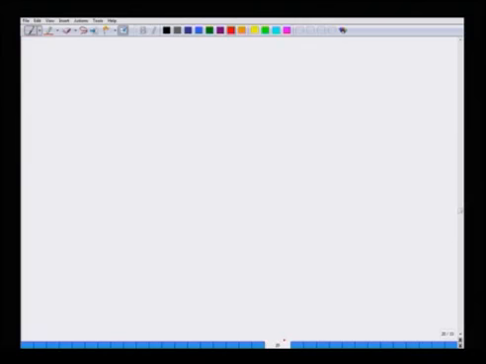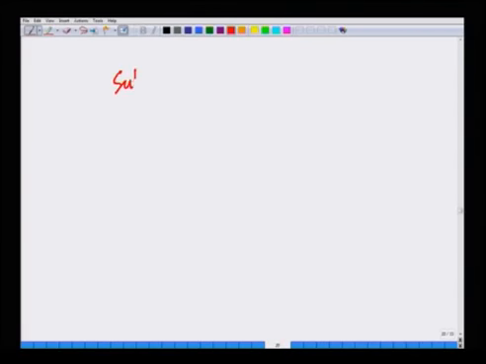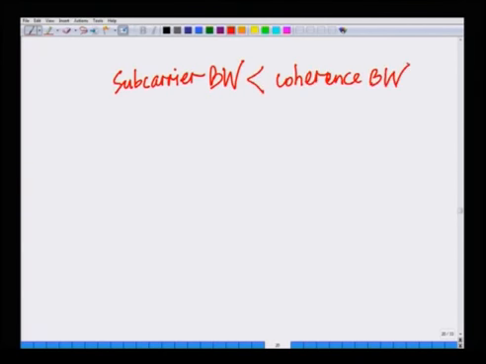So what this means is, the subcarrier bandwidth is less than the coherence bandwidth, which essentially implies that each subcarrier experiences flat fading. Remember, that is our main aim.